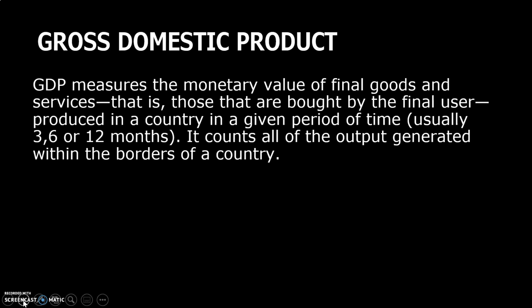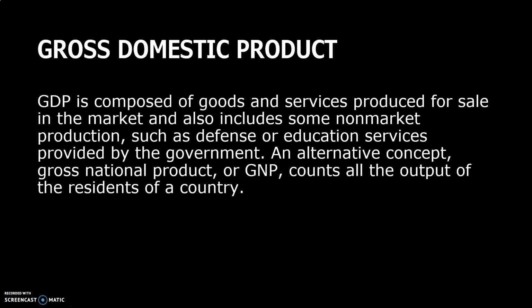So, it counts all the output generated within the country. So, everything that's produced within your country over a particular period, the market value is added to GDP. GDP will also include some non-market production such as defense or education or services provided by the government.